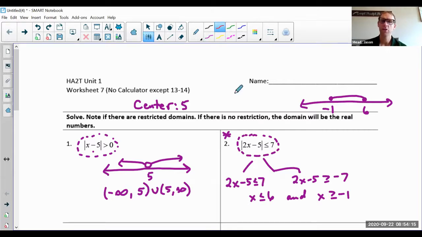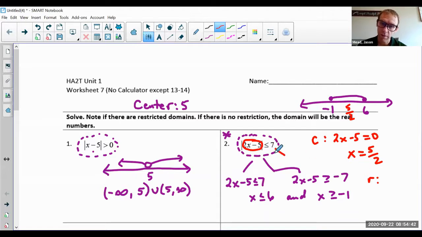Well, now let's look at it geometrically just to make sure that I know what I'm talking about. If we want to find the center, I take 2x minus 5 and set it equal to 0. I add 5, divide by 2, and that gives me 5 halves. 5 halves is right in the middle of negative 1 and 6, so that's good. What is my radius or my distance?